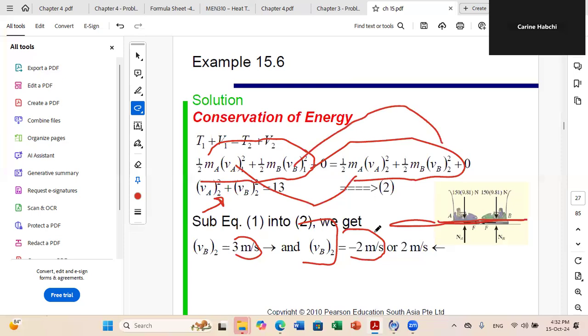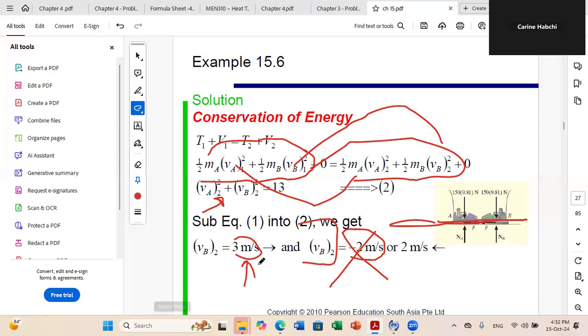So this solution will be rejected and you will select the second solution, which is 3 meters per second. So as we said, VB2 will take the velocity of VA. Car B will have, after collision, the velocity of A before collision. And we will prove this together by a simple system of equations that I will introduce for you now.